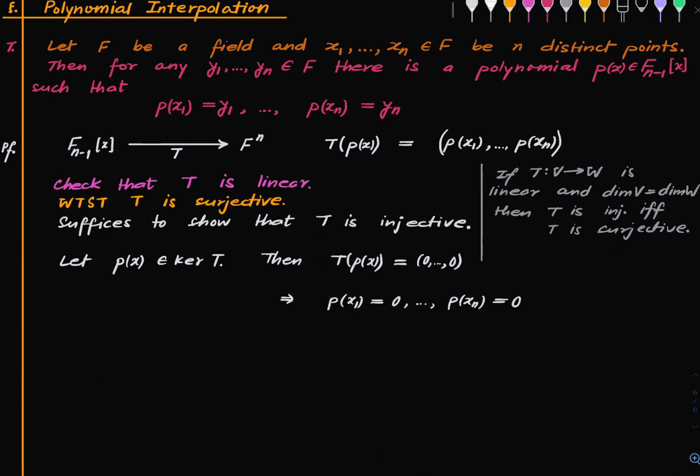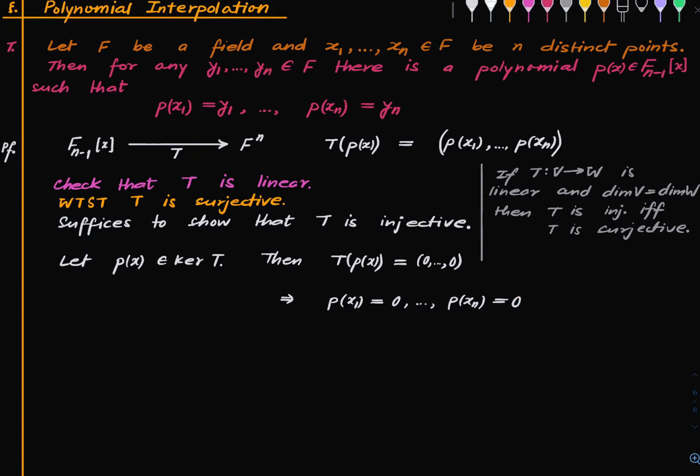Each xi is a root of that polynomial, and the only polynomial with that property is the 0 polynomial. This is a fact that we will formally prove later in the course at some point, but I'm sure this is familiar from high school. At least we hear this in high school, even though we may not properly prove it. Or you can Google around.